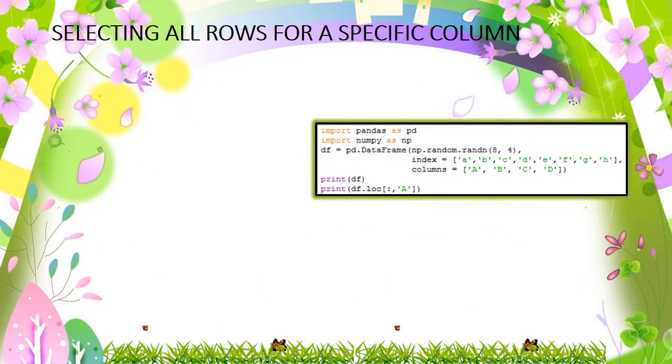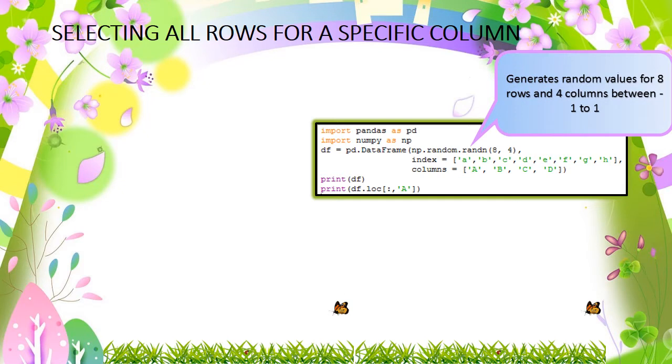Now select all the rows for a particular column alone. See here, numbers, random number generator 8 comma 4 means 8 rows and 4 columns, and the rand function generates values between -1 and positive 1 randomly.